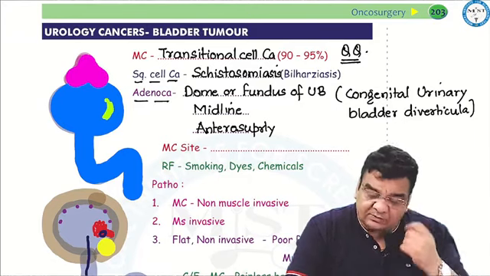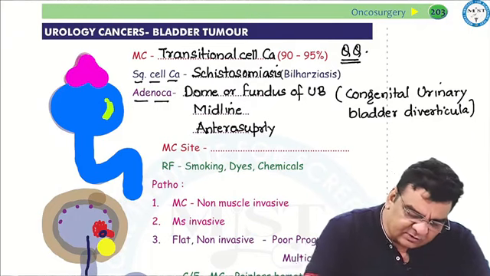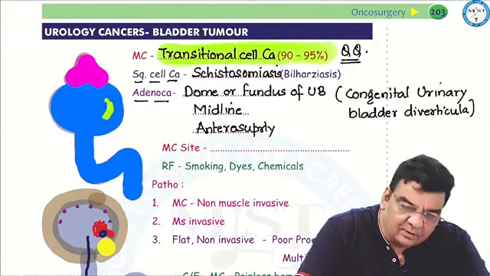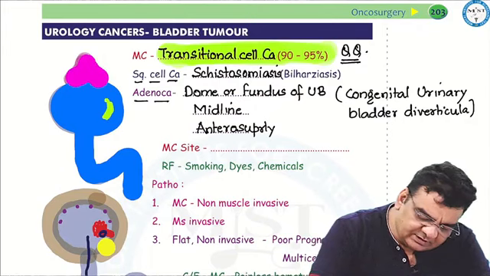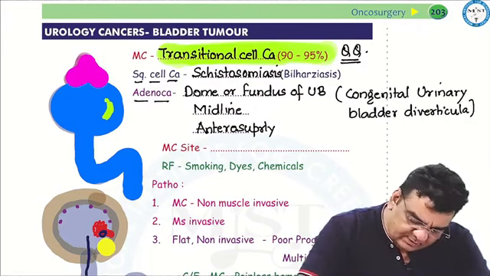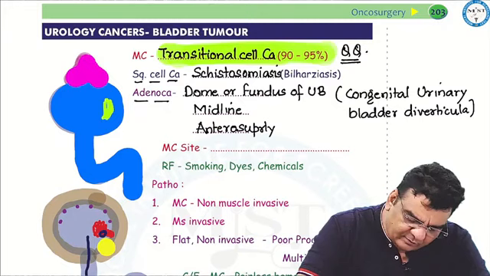For bladder cancers, beta, majority are transitional cell carcinomas. And the commonest site for these tumors is either the lateral wall of the bladder or the trigone area.